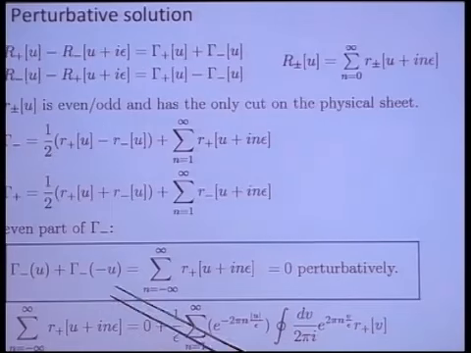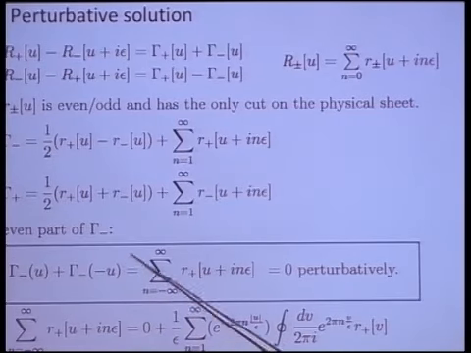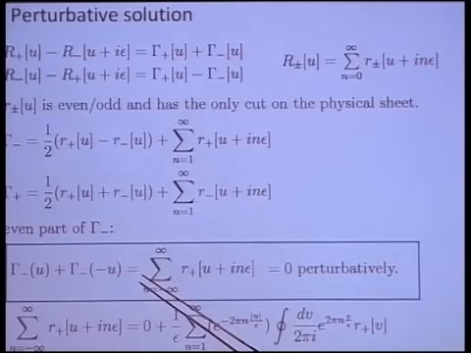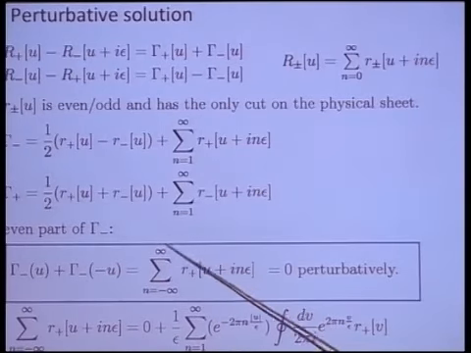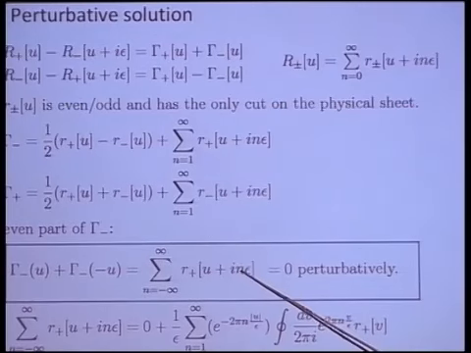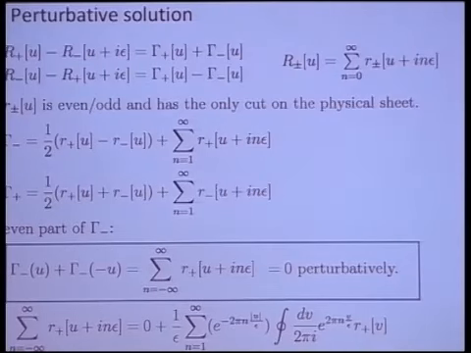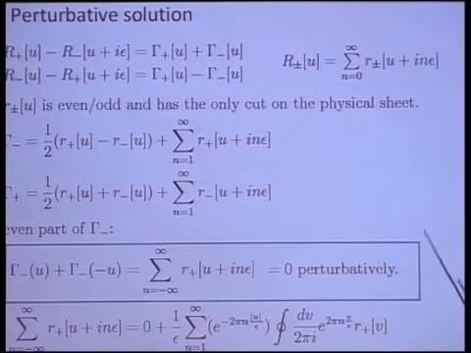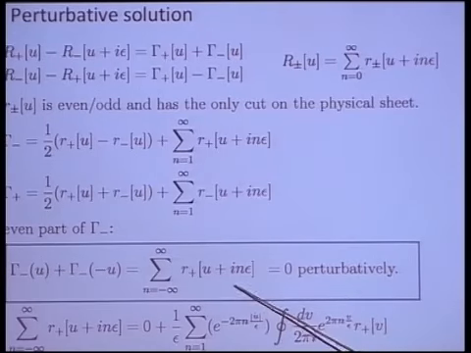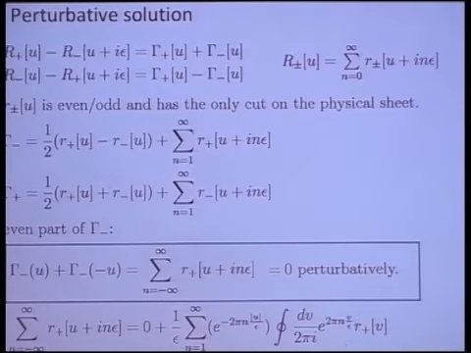But if I take the even part of gamma minus, I see this is equal to some periodic function with period i epsilon. When epsilon goes to 0, the periodic function has a very small period, so it's constant. And R plus, I know, decreases at infinity, so this constant is 0. If you don't believe, you can make a Poisson summation. You see that it is 0 plus non-perturbative corrections.